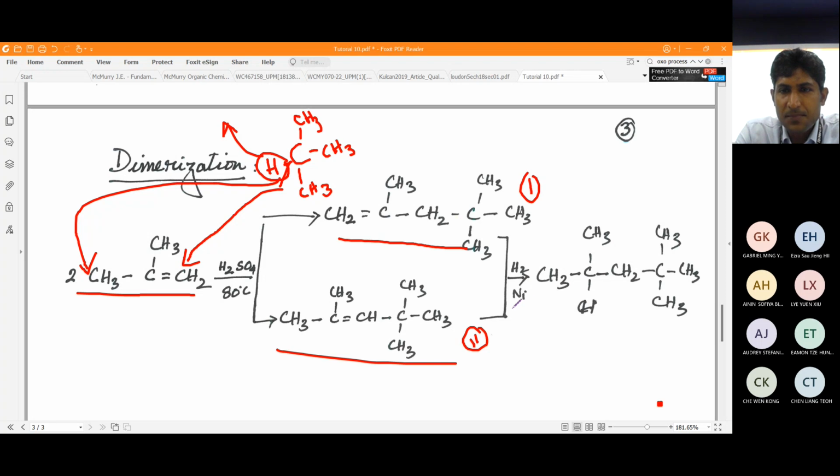And in the presence of nickel, when we do this reduction, that means you add hydrogen to it, so of course this double bond is no more. It is producing an alkane, so only one single product.